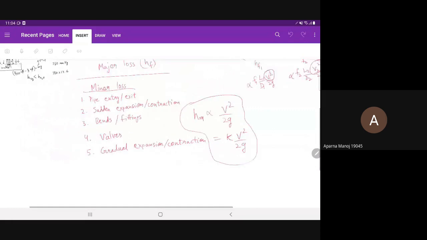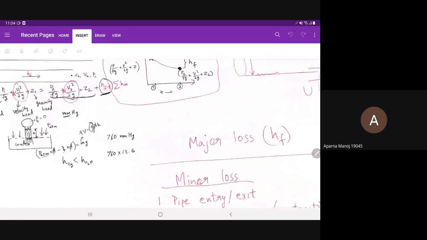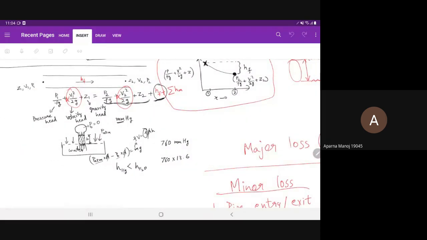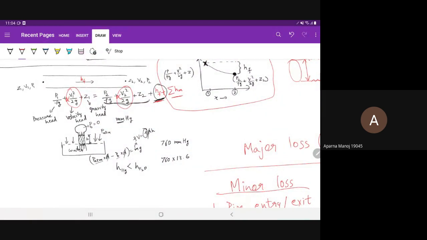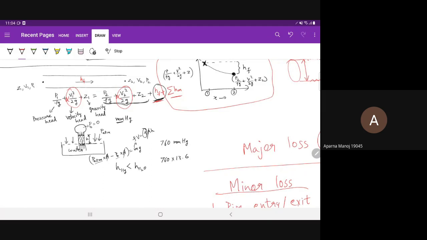We discussed major and minor losses, and we discussed this mainly on the basis of the Bernoulli's equation. We added these terms HF and HM on the right hand side of the Bernoulli equation.